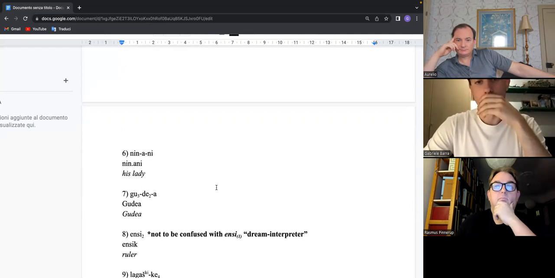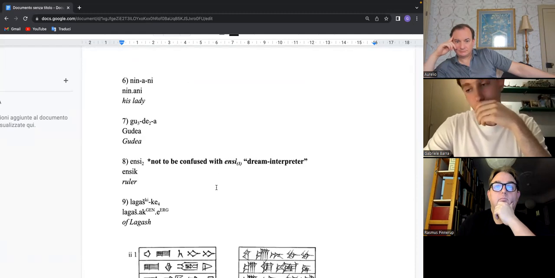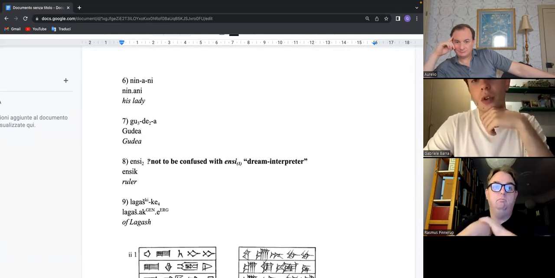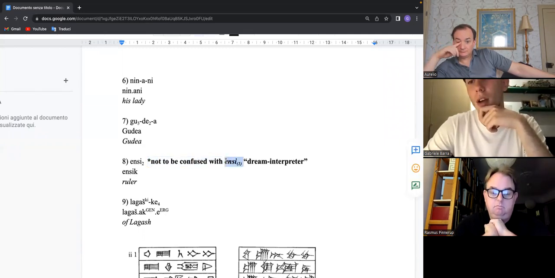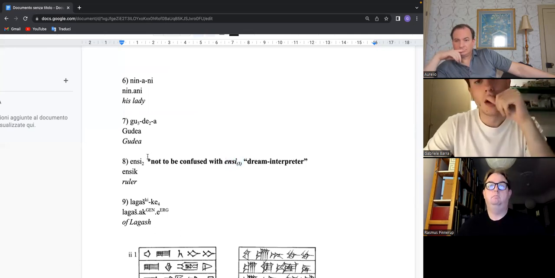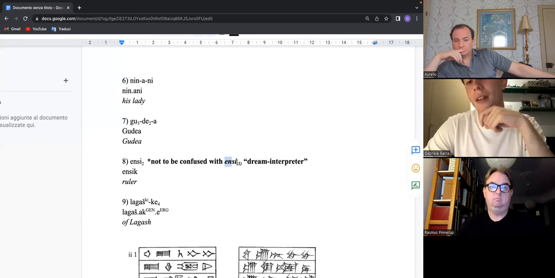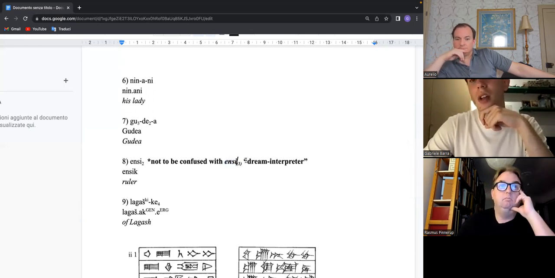And what else? Oh yeah. We tend to confuse the terms because of the anomalous calligraphy of the word ensi. But I thought I would just point it out once and for all. ENSI1 is actually dream interpreter.